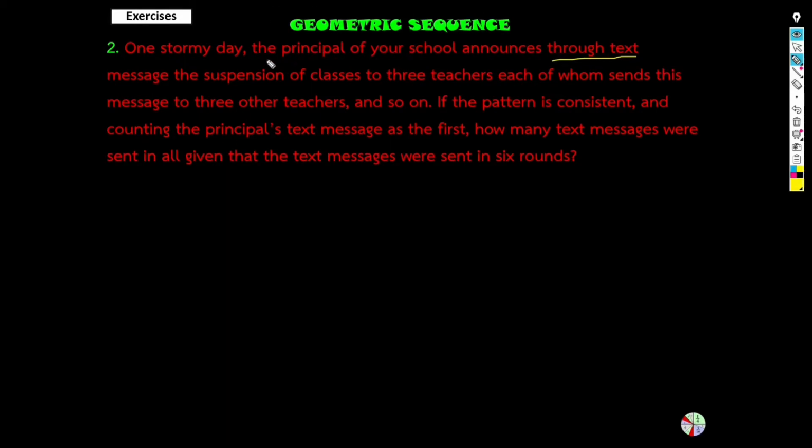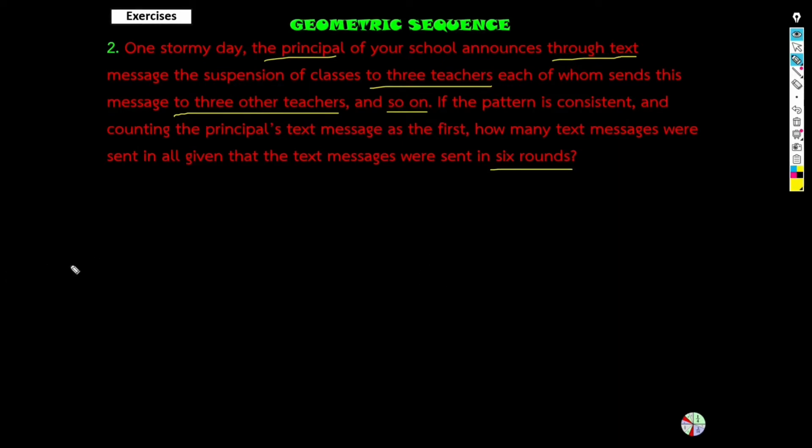So the principal sent through text to 3 teachers, each of whom sends this message to 3 other teachers, and so on. If the pattern is consistent and counting the principal's text message as the first, how many text messages were sent in all, given that the text messages were sent in 6 rounds?